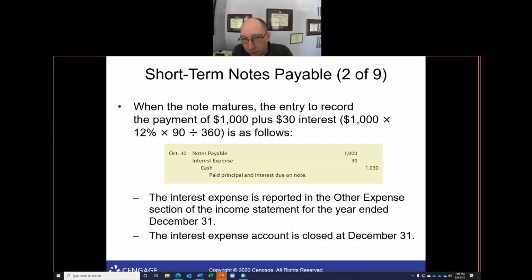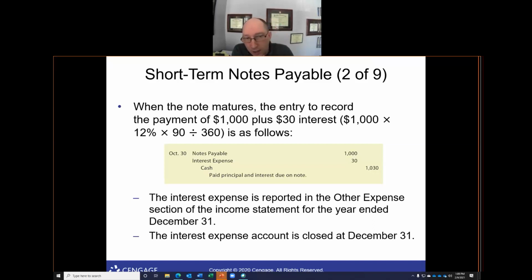How did we get $30? Well, we know that the face value of the short-term notes payable was $1,000. The interest rate was 12%. So 1,000 times 12%, you take your 90 days divided by 360 to get the exact percentage per day.